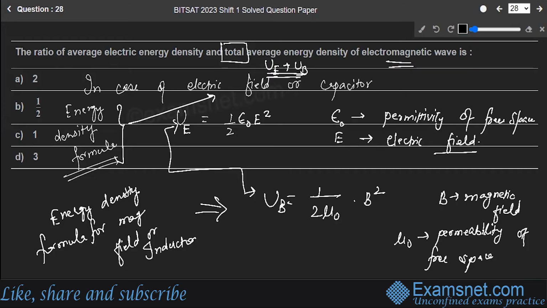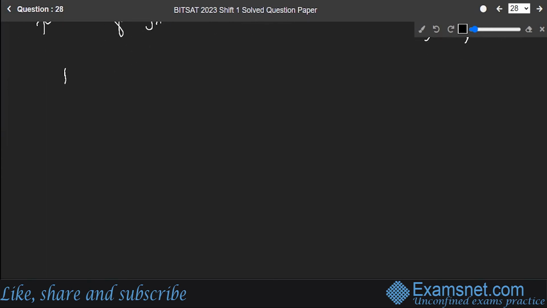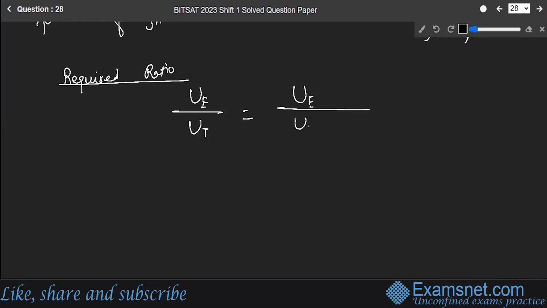What we have to find out is the ratio of average electric energy density to the total. So what do you require? Required ratio is UE upon the total energy. This is equal to UE upon UE plus UB, the magnetic plus electric energy density. And we already have seen that UB is equal to UE.